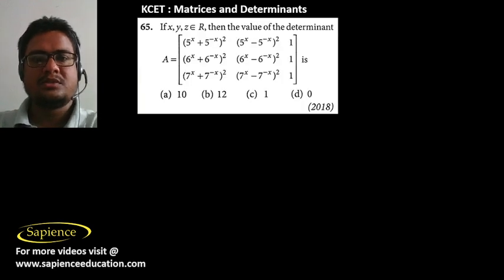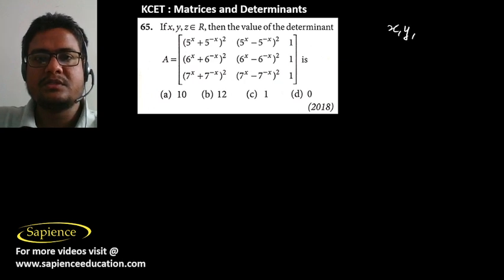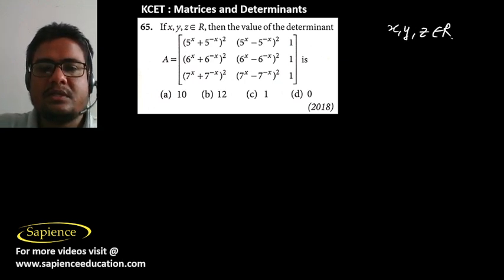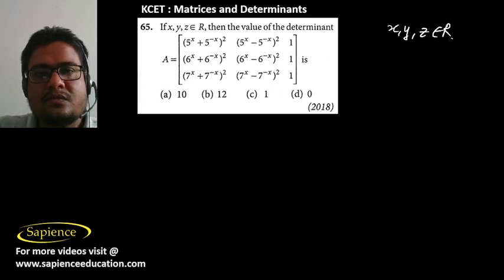Then in question number 65, it is told if x, y, and z belong to R, find the value of this determinant.